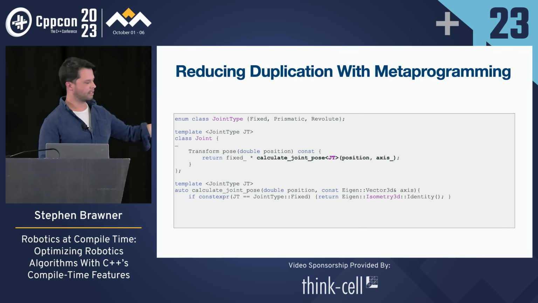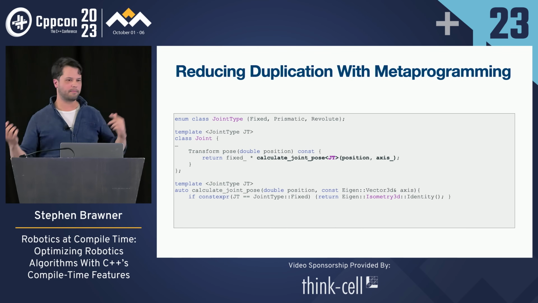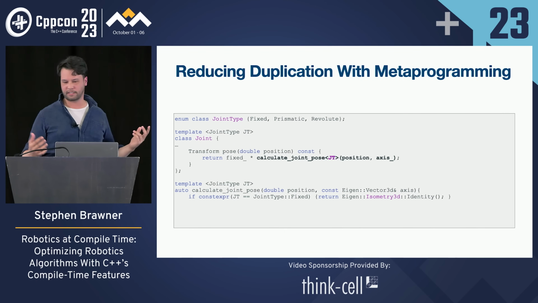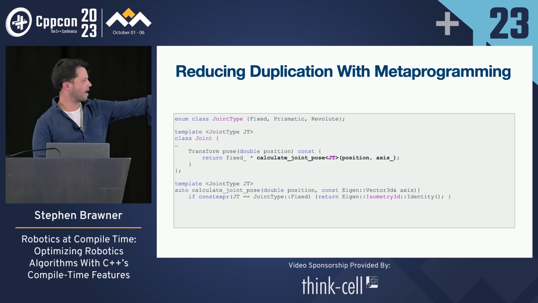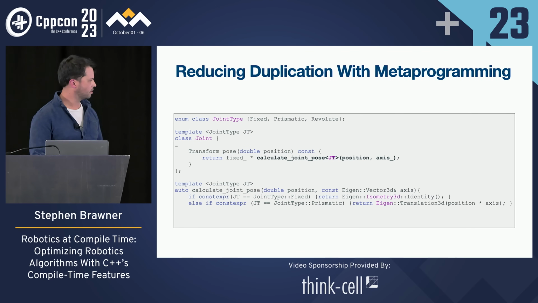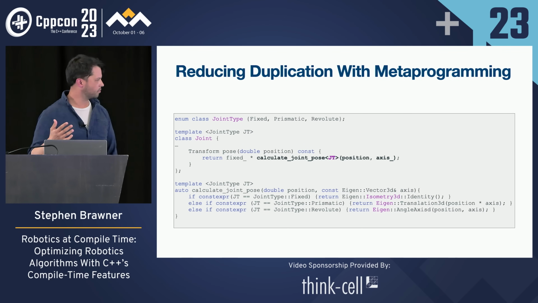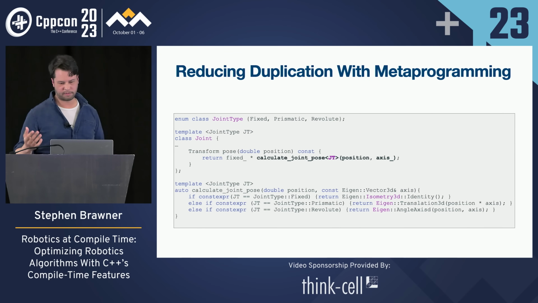Because we know at compile time what type of joint this is, we can use if constexpr to return the identity for that component of the transform, or the translation 3D if it's prismatic, or the angle axis if it's revolute.